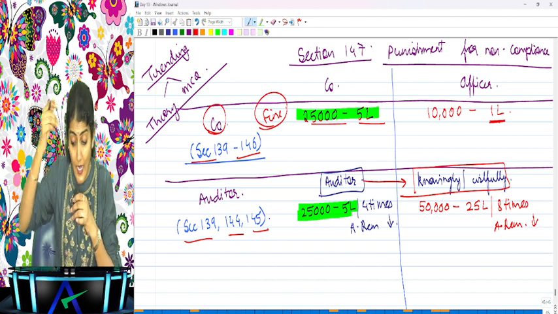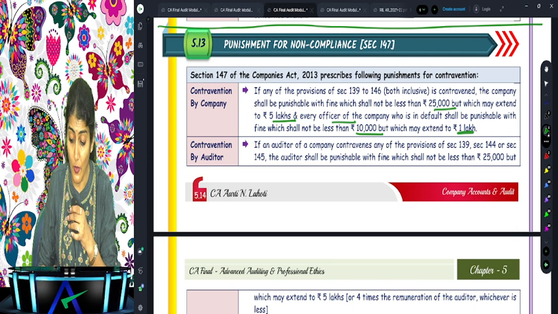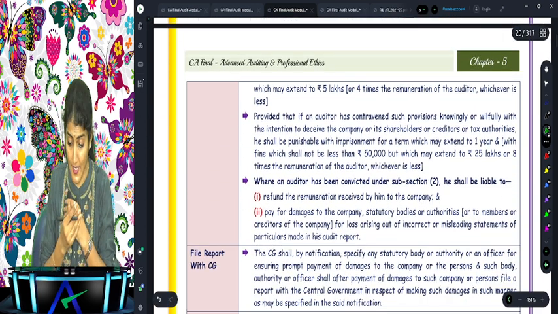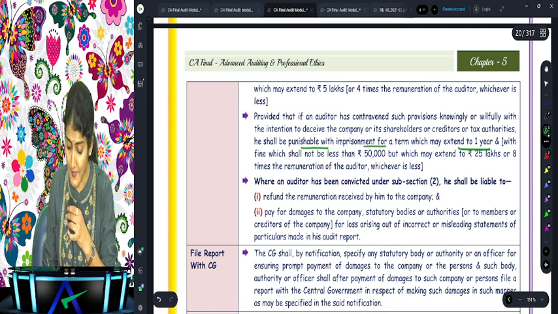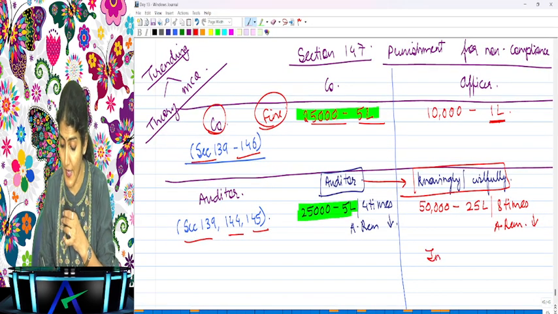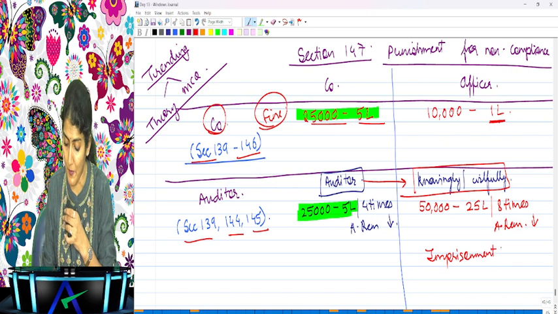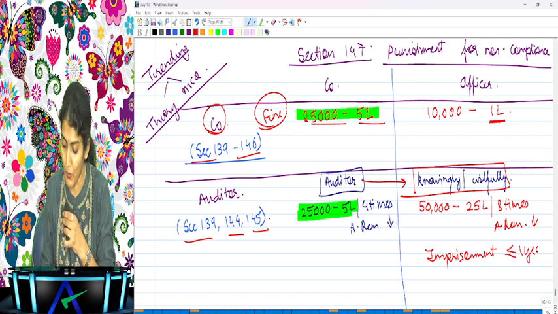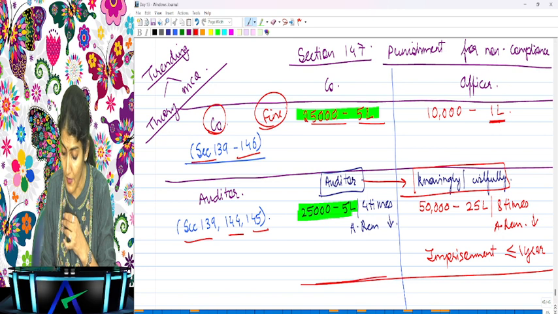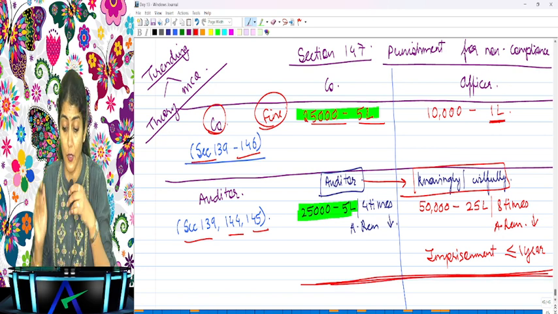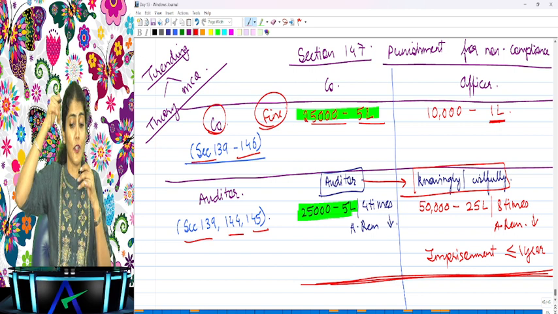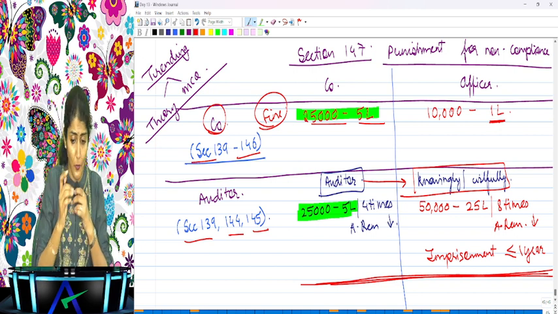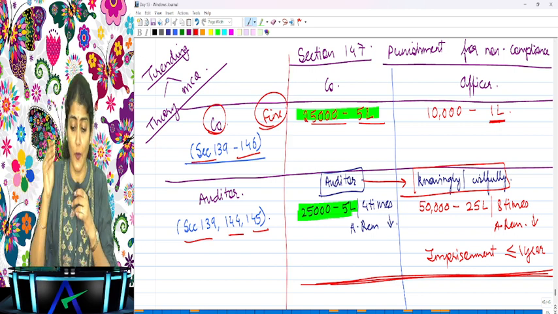Are you understanding? And it says punishable with imprisonment for a term which may extend to 1 year. There is no minimum imprisonment, but the maximum imprisonment is up to 1 year, when the auditor knowingly, willfully has not complied with the requirements of 139, 144 and 145.